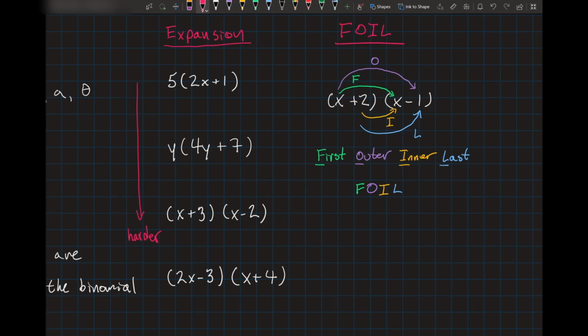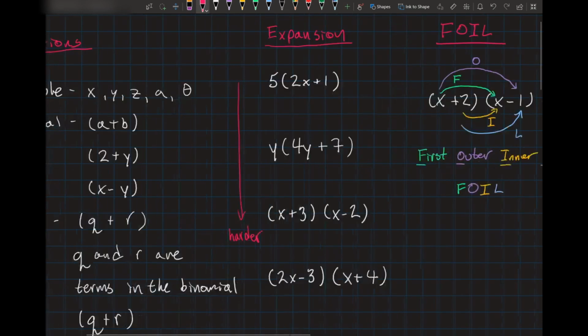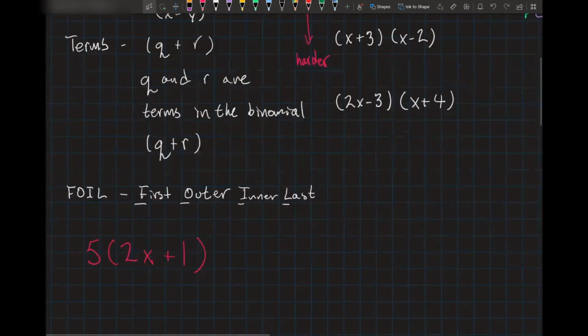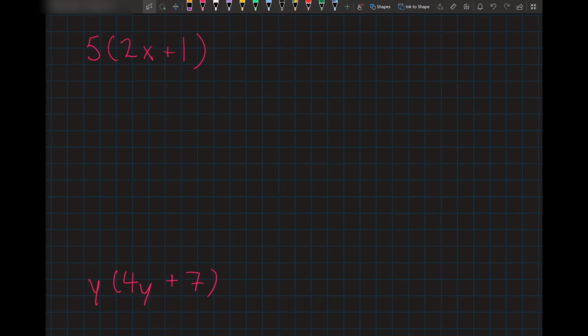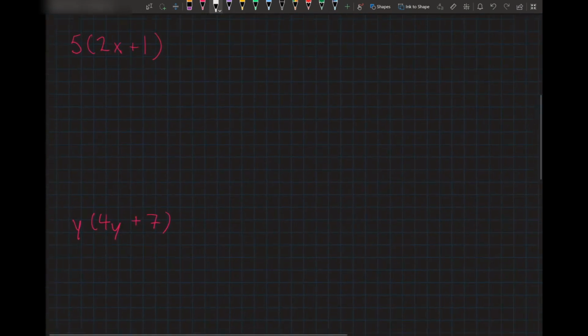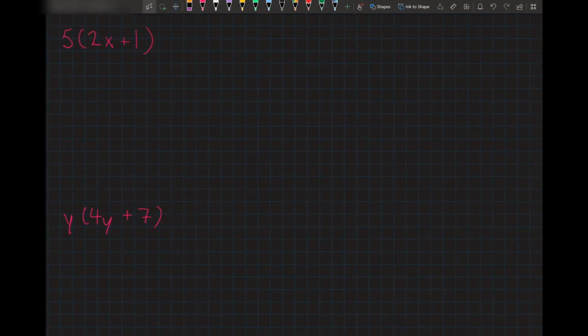And I'm going to write out in a little bit too much detail how this works. It's not how you would probably want to do it on an actual exam. You don't need to show as much as what I'm going to show. So here we've got our 5 times 2x plus 1.